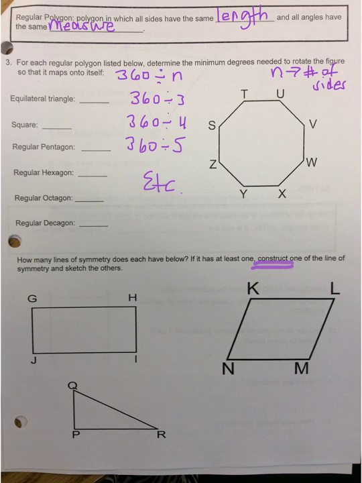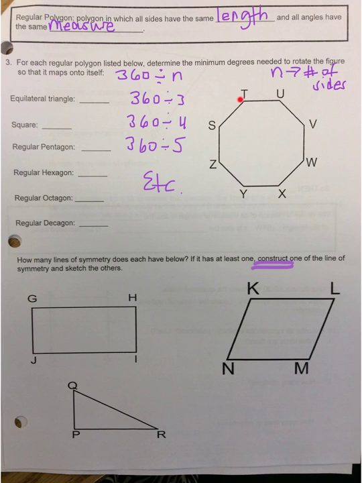It's going to turn out for all these regular polygons, since all of their sides are the same and all their angles are the same, that you take the total number of degrees in a circle, 360, and divide it by the number of angles.